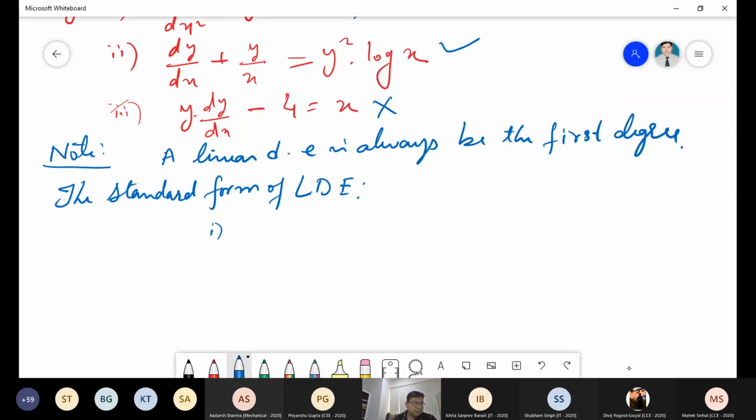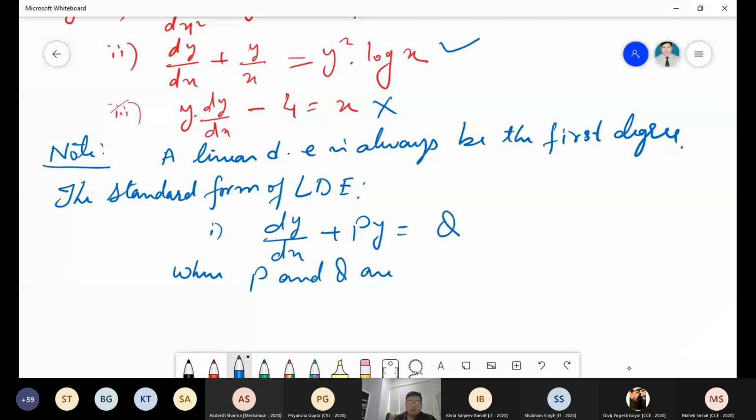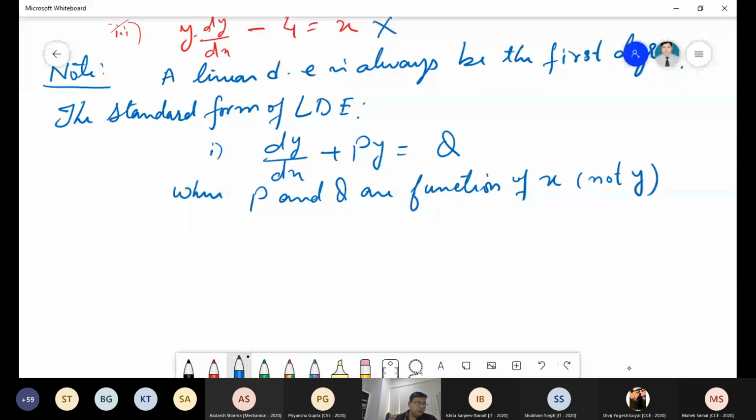First is dy by dx, then plus Py, equal to Q, where P and Q are functions of x, not y. Remember, I'm writing function of x, not y, so it should be very clear. I'm writing all these notes in a very crisp way so there is no scope of doubt. So function of x, not y, or constant.